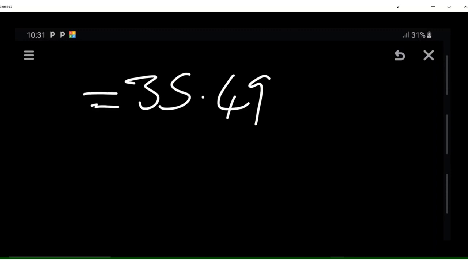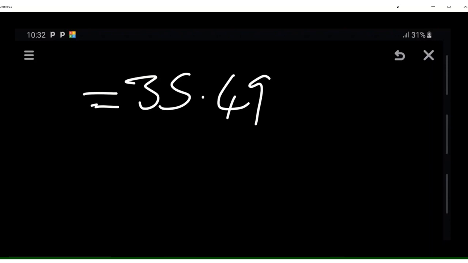Now let's check our calculations. We had two significant figures as the least significant figures we had. So for this one, you can leave it at three significant figures.